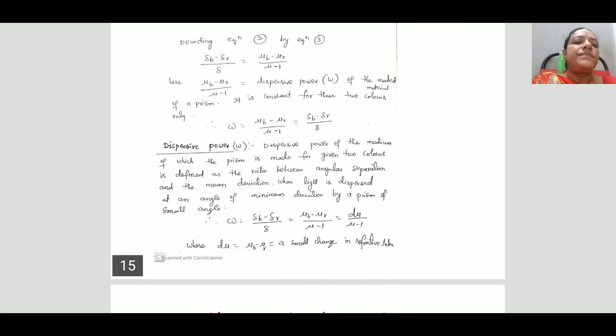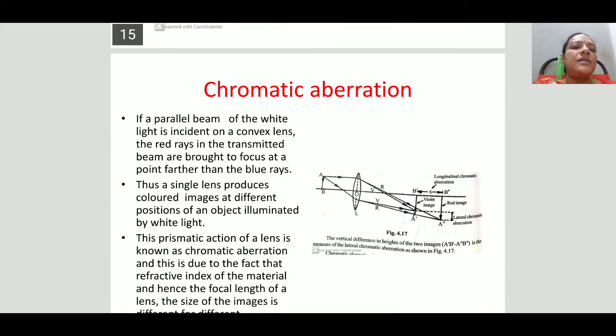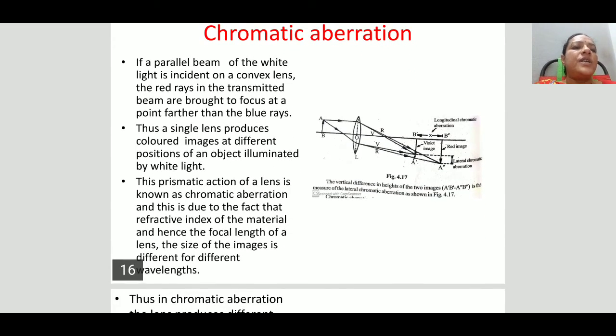Next, let us discuss chromatic aberration. Chromatic means chrome, a group of different colors.